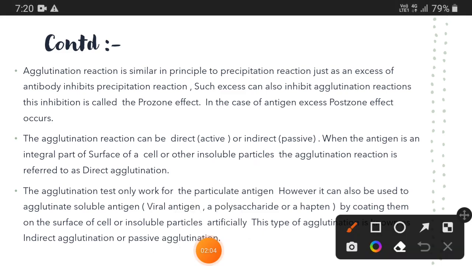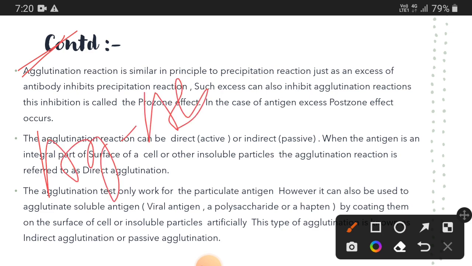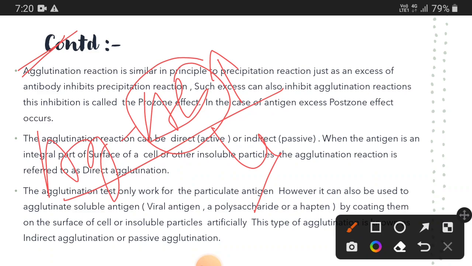Agglutination reaction is similar in principle to the precipitation reaction. Remember, agglutination reaction also requires an equal amount of antigen and antibody. If antibody is in excess amount, then the agglutination reaction will be inhibited, and in this case the inhibition is known as prozone effect.